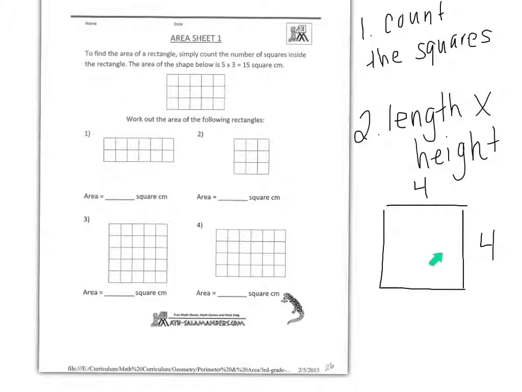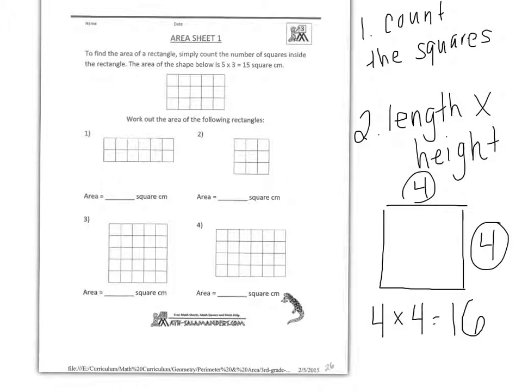There are no squares for me to count here. So I'm going to have to take 4, which is my length, times my height. Put that in my calculator, and that will give me my answer.